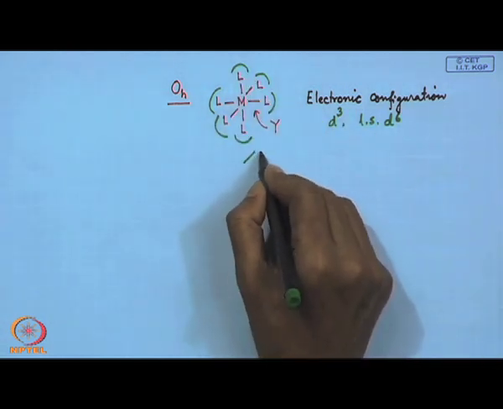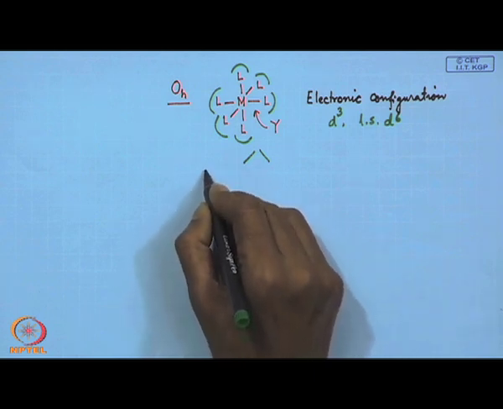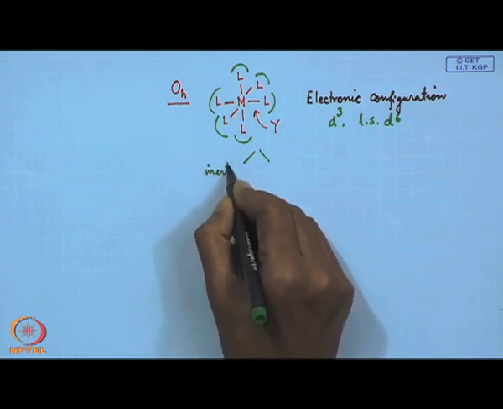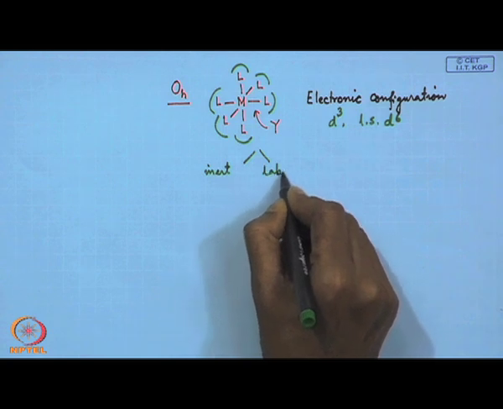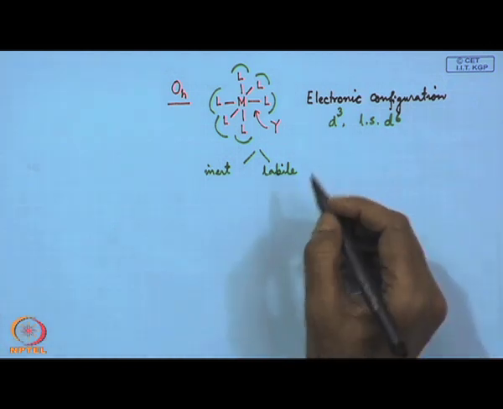And we got 2 types of these molecules, which are inert or labile, inert in terms of substitution and labile also in terms of substitution.